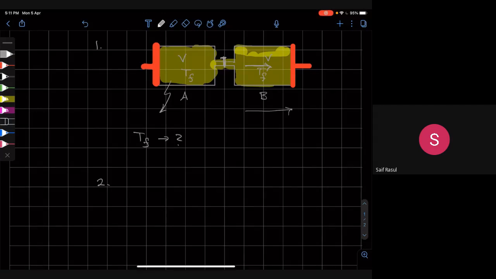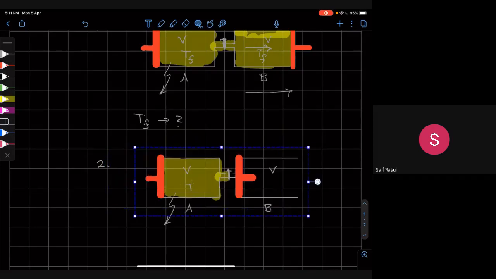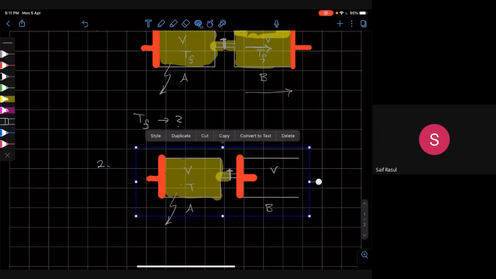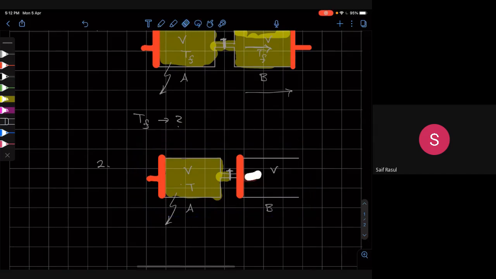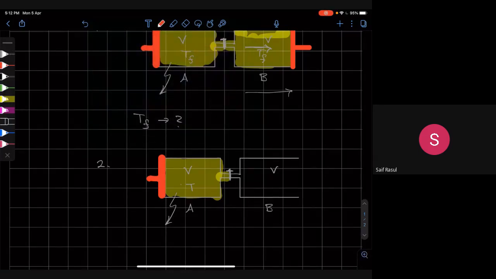Let me try to draw this: you keep the valve as it is, but you withdraw it until the piston is here. And then you slightly open it. So the valve is still there, but there's a small opening.